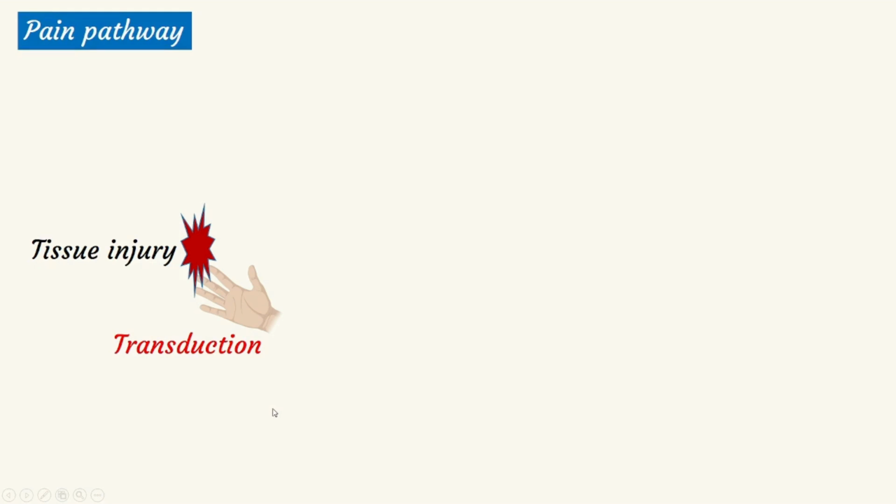First step is the transduction. Transduction is at the site of injury, where the pain is transmitted into electrical signals through the A-delta and C fibers.